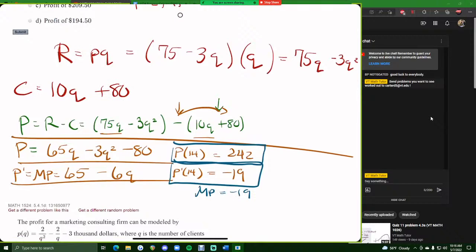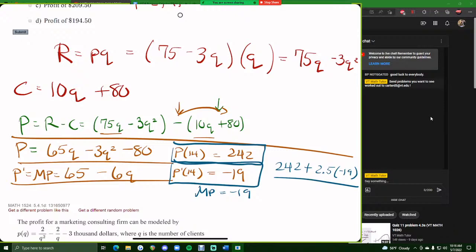And so if negative 19 is how much the profit changes per one quantity, and we are increasing the quantity from 14 to 16.5, we are increasing it by 2.5. And so the profit will change by 2.5 times negative 19. And that's starting from the initial profit at 14, which was 242.